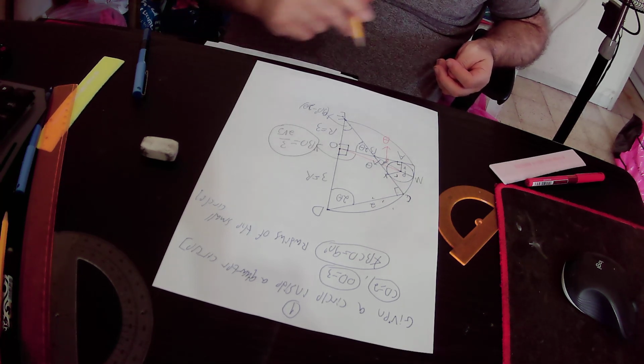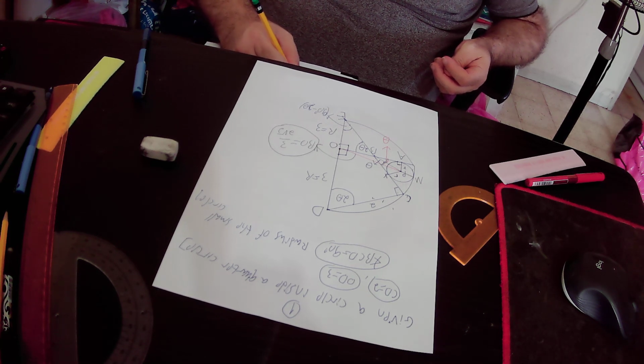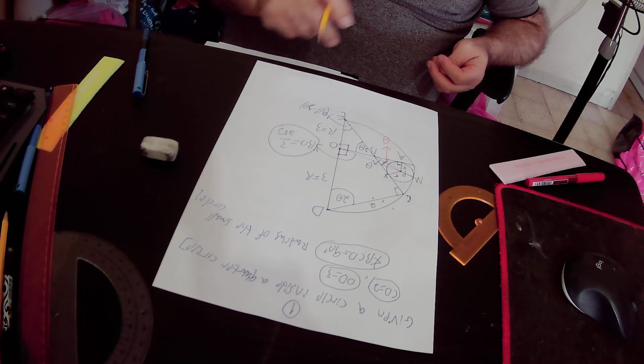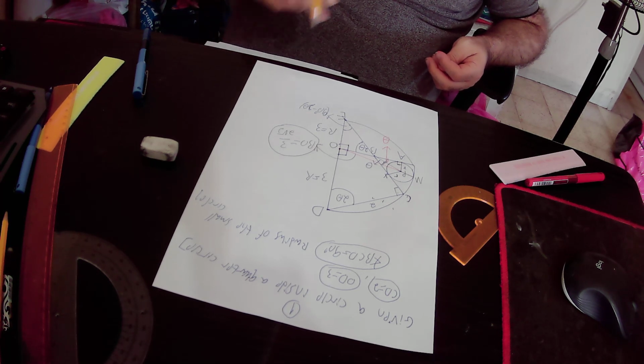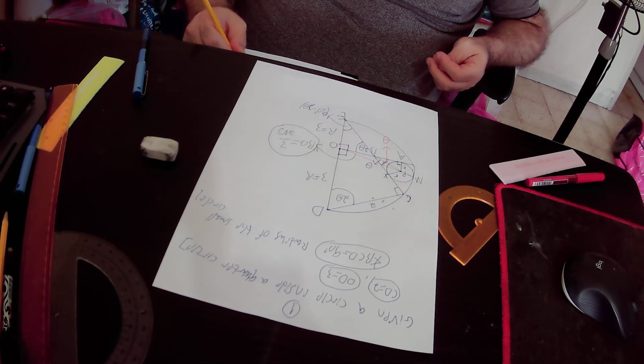That is to say, PA square plus AO square equals PO square.